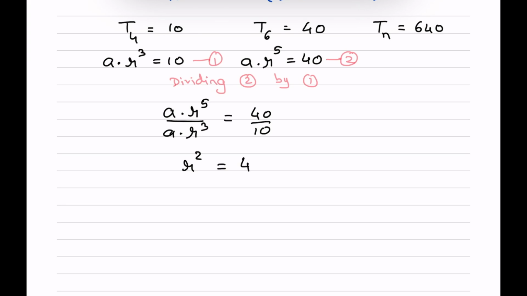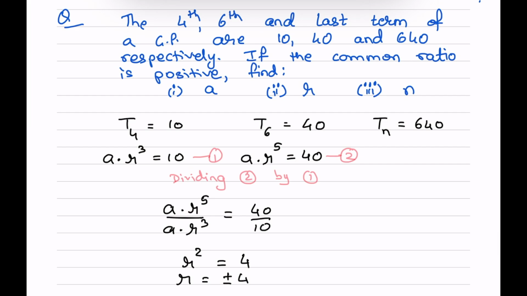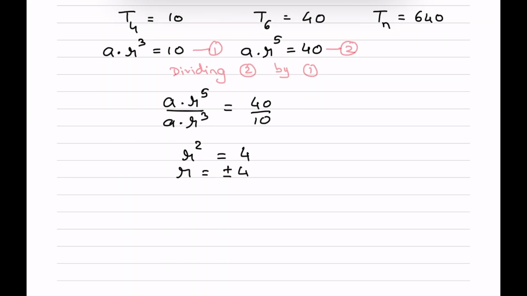So taking the square root, r will be plus or minus 2. But here in the question, it is given that the common ratio is positive. So using this information, the value for the common ratio r will be 2.